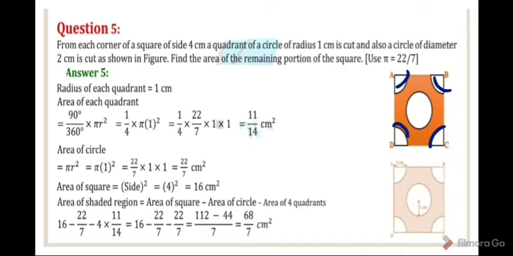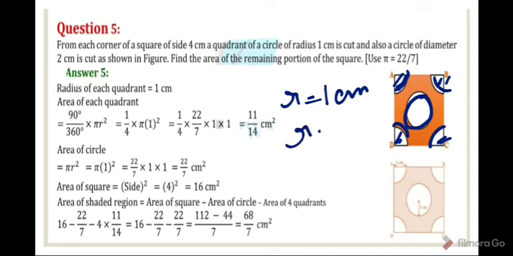That means for these 4 circles which I have shaded, the radius is given as 1 cm. And there is another circle in the middle of the square whose diameter is 2 cm, which means its radius is also 1 cm.